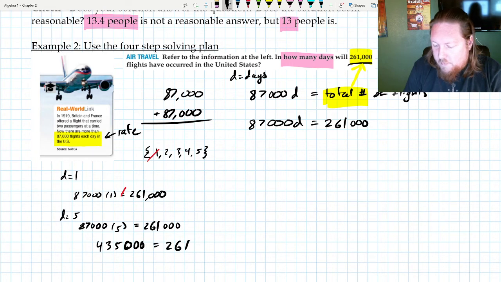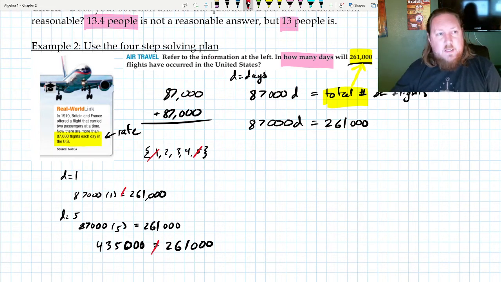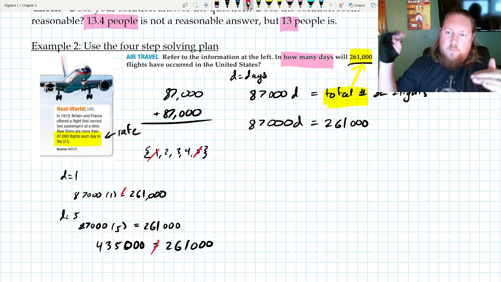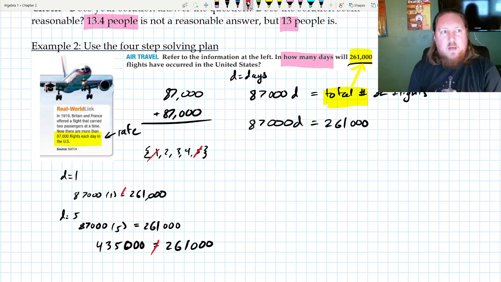And that doesn't equal 261,000 either. So now we know day 5 isn't it. Now the nice thing here is I know my answer's somewhere between 2, 3, and 4, right? I found 1 was too small, 5 is too big. It's probably going to be in between those, right?